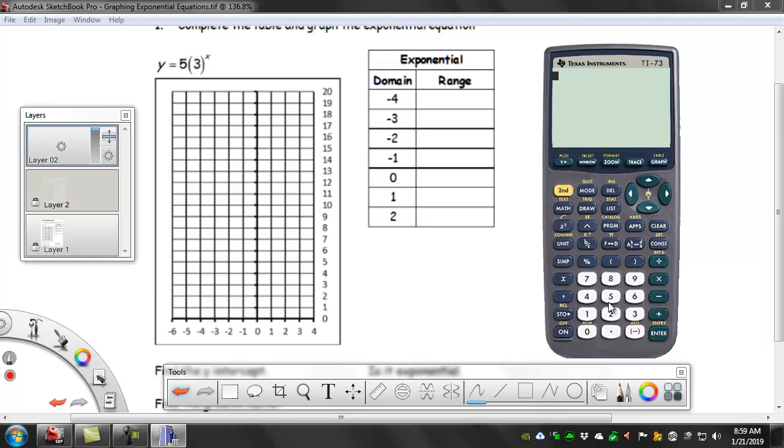We'll go ahead and type in our equation, 5 times 3 raised to the x power. Make sure you use your up caret key, and our first exponent is a -4. There we go. Make sure you use the negative key and not the subtraction key. So our first value is 0.061.